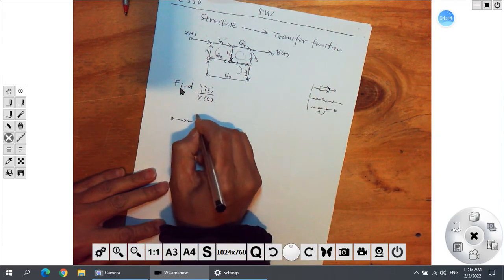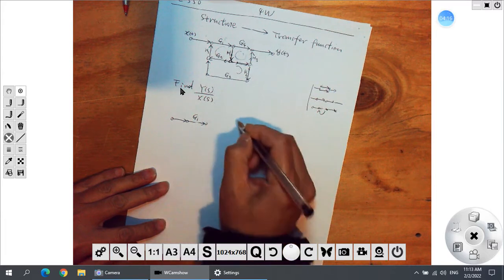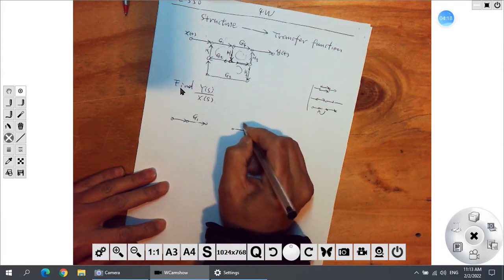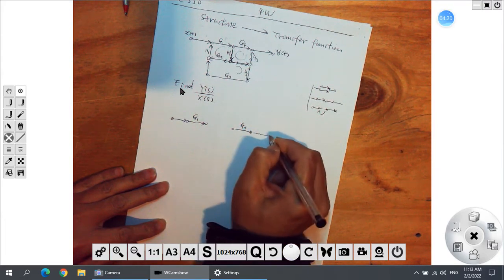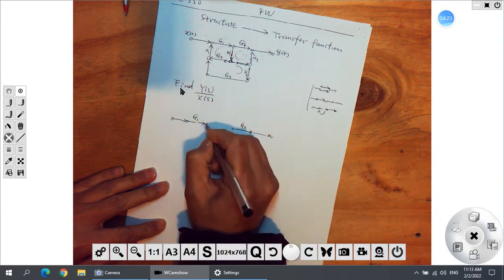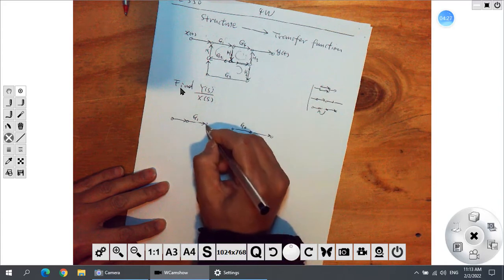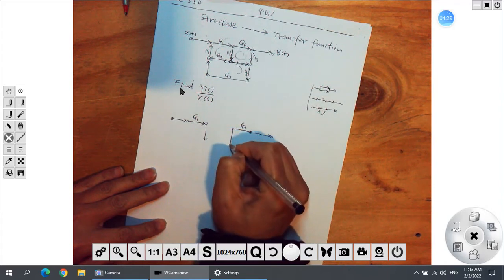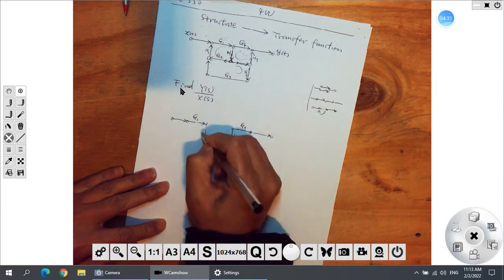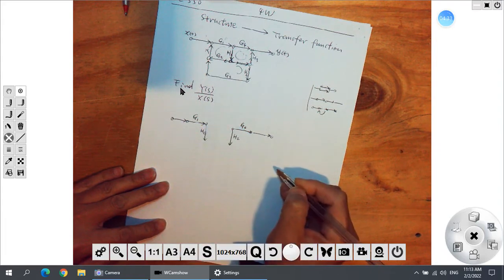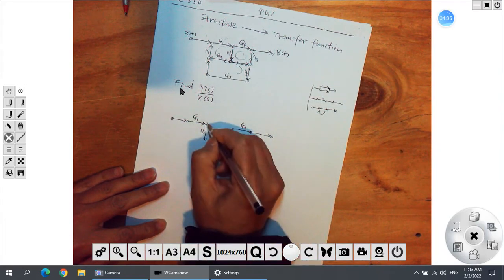Here's G1, I keep it, and G4, I also keep it. This part is H2. Now I use 2 H2. This is also H2, this is also H2. It works like this.